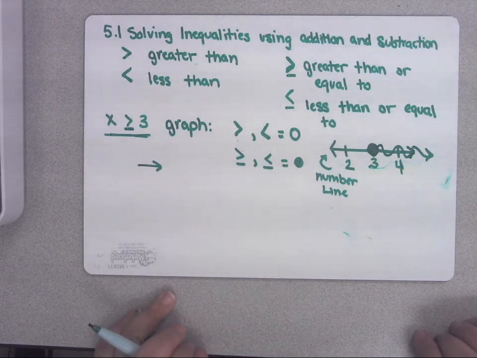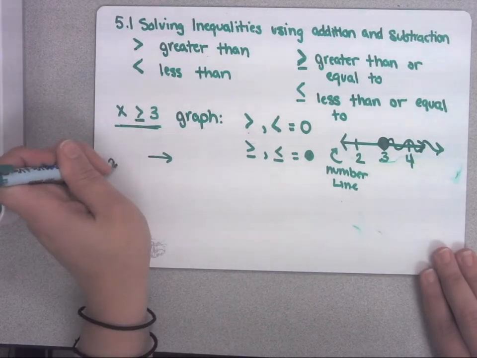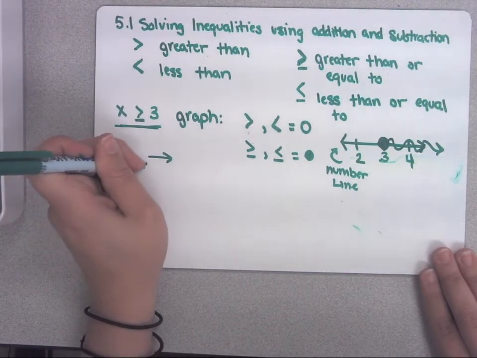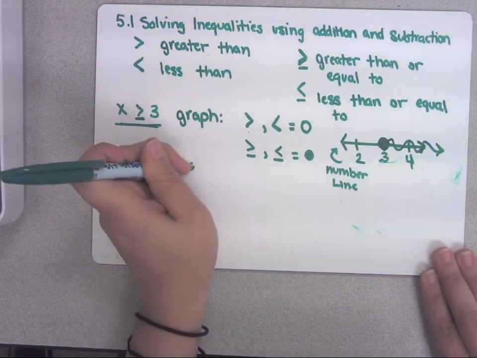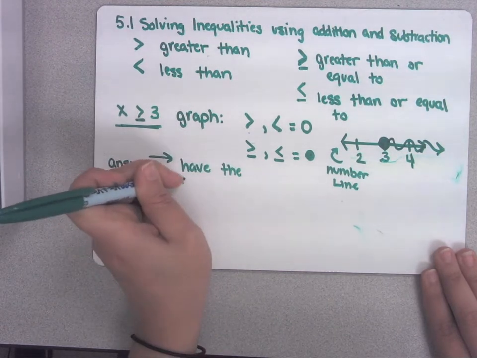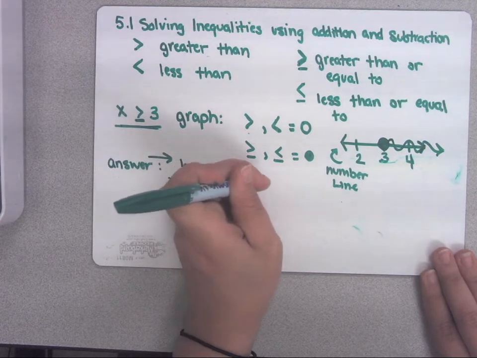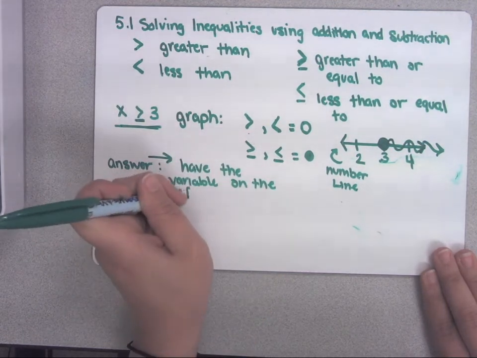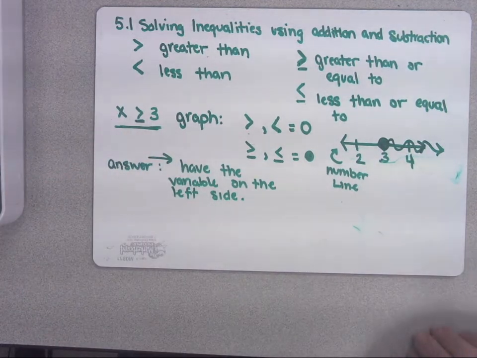That's what we want. Last thing is your answer should always have the variable on the left side. If the variable is not on the left side, we can't do that arrow thing to draw a graph.